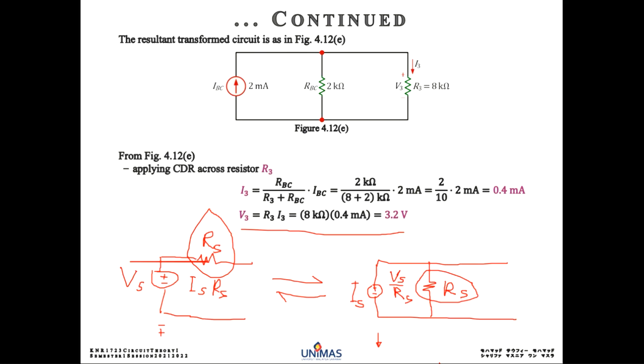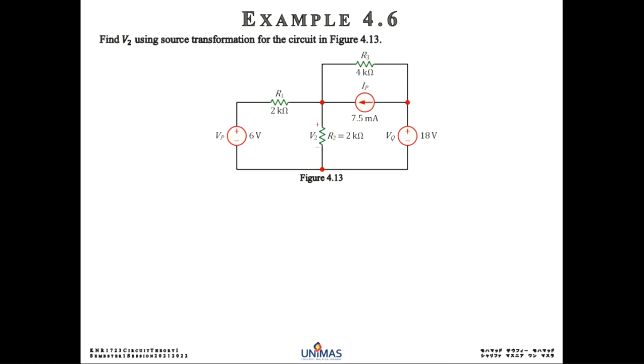Right, so this you have. So you tahu dah macam mana nak transform. So sama juga sekarang ni, the same thing. Okay, you want to find V2. So V2 you cannot touch. Remember that V2 do not touch. So what you can do, you can transform this.